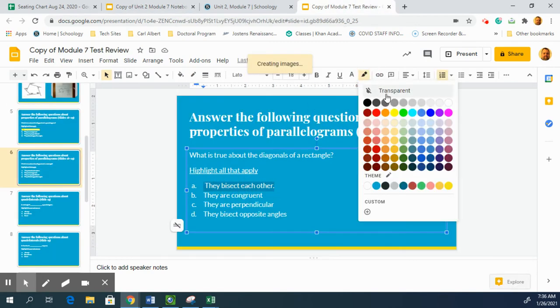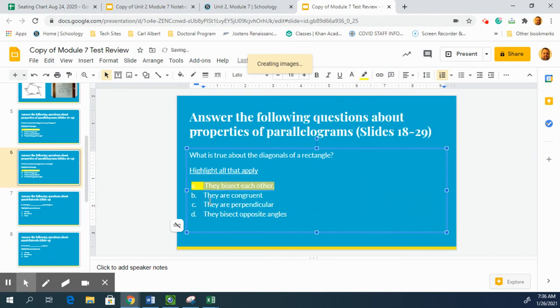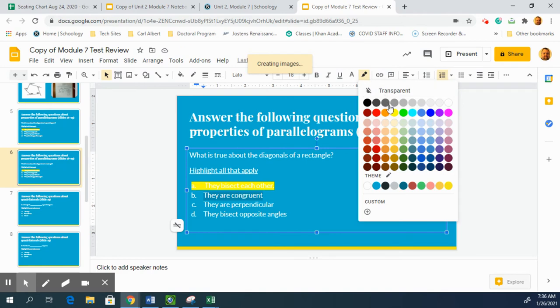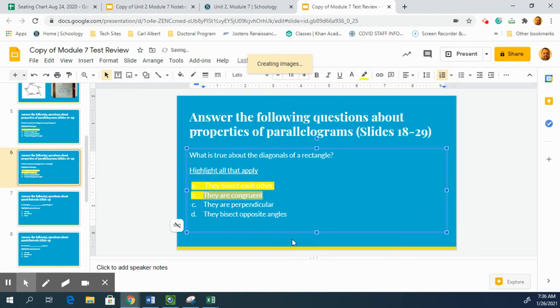That's an answer. And they are congruent. So if it said a square, or a rhombus, or a trapezoid, you would look at those particular properties and highlight as many as you need to. Okay.